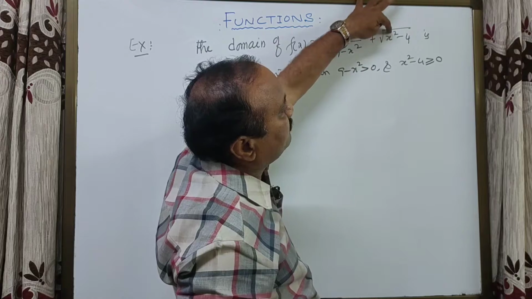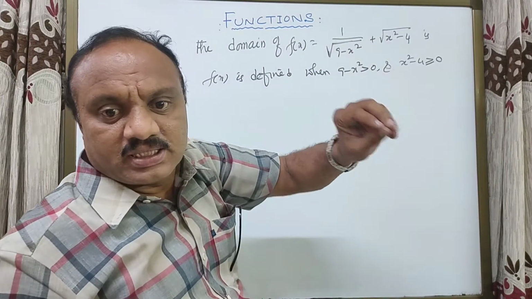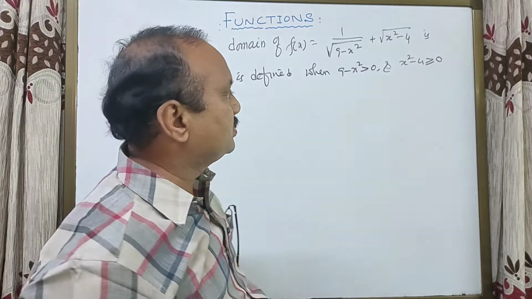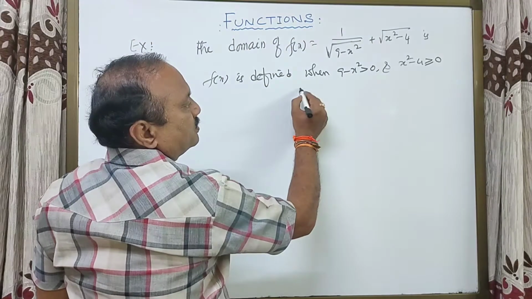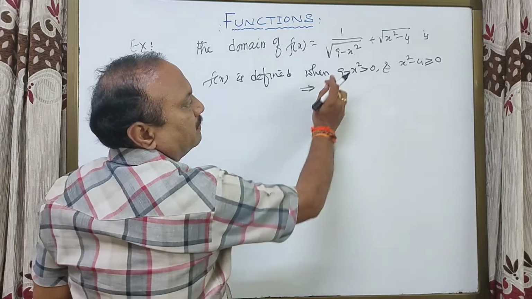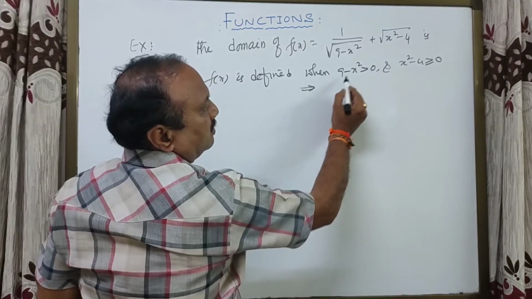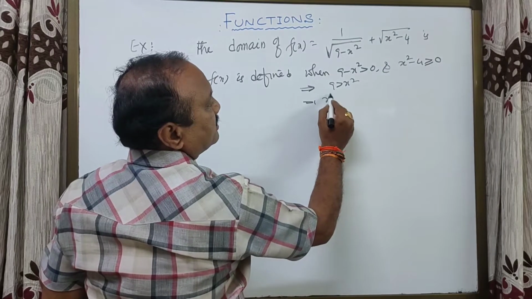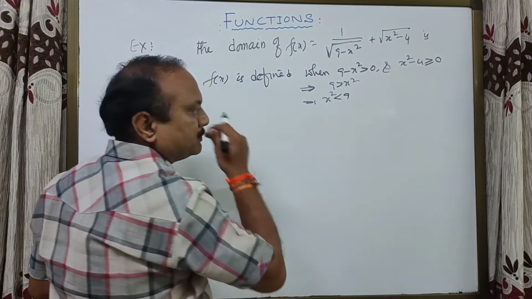So the root's inside value must be greater than or equal to 0. Now from this, bring this to this side: 9 greater than x square, we can write it as x square less than 9.